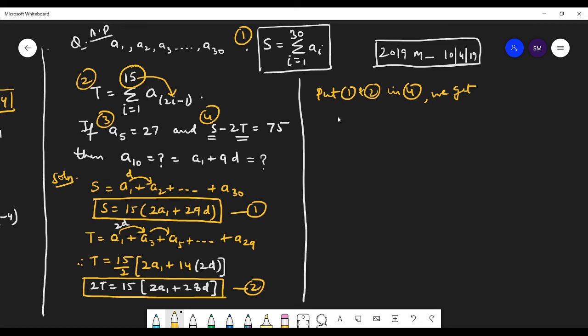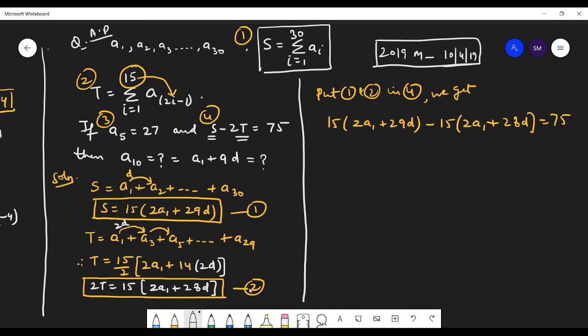We get 15 into 2a1 plus 29d, minus 15 into 2a1 plus 28d, and that is equals to 75.